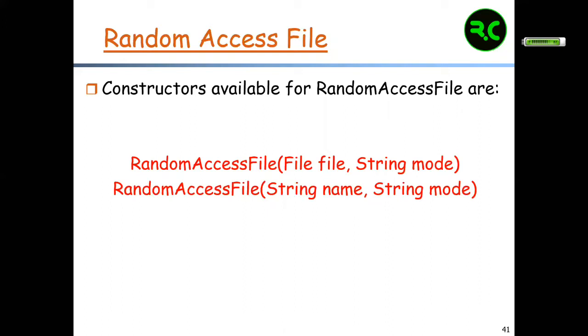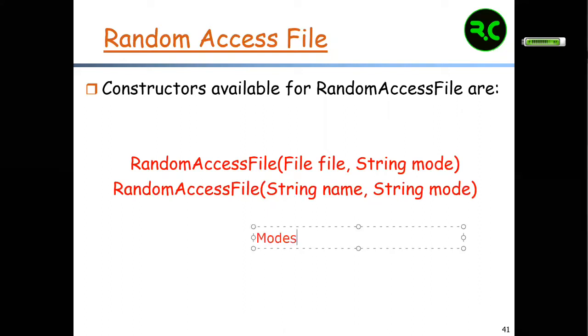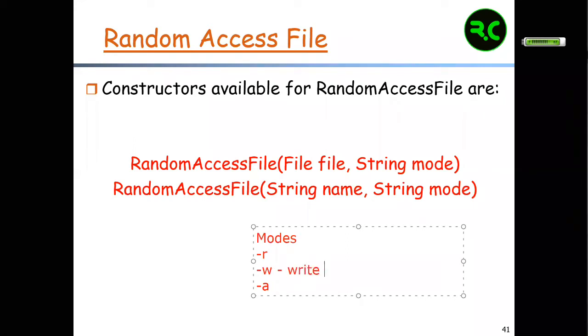The modes are r, w, and a. Read is nothing but reading, write is nothing but writing, and a is appending. The write mode is going to write at the end of the file. The append is also doing the same.